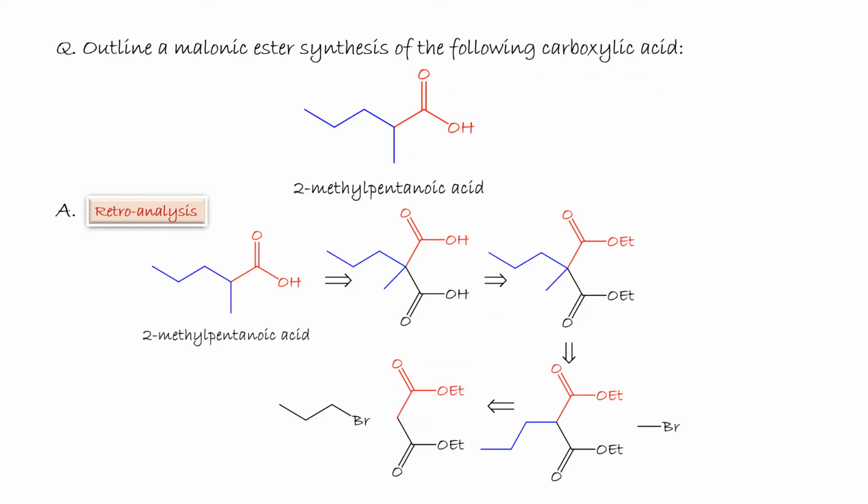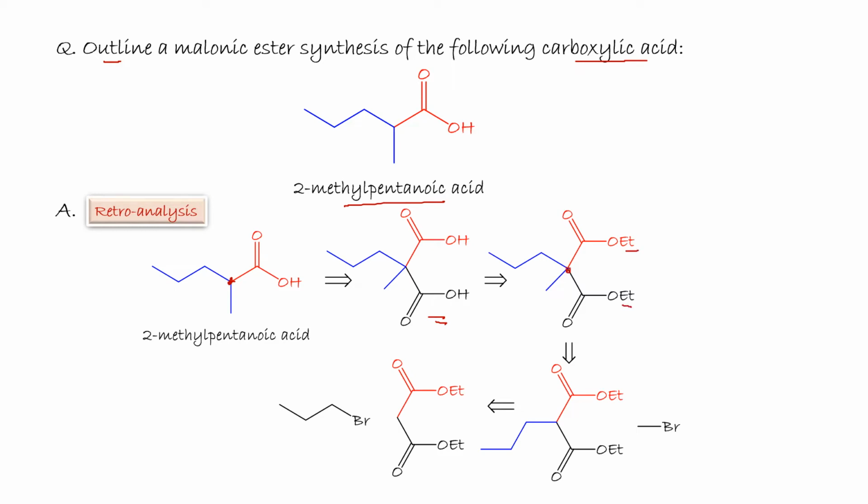Let's practice. Outline a malonic ester synthesis of the following carboxylic acid: 2-methylpentanoic acid. Well, this is the carboxylic acid, here is the alpha carbon, so we add COOH. The dicarboxylic acid comes from the diester.